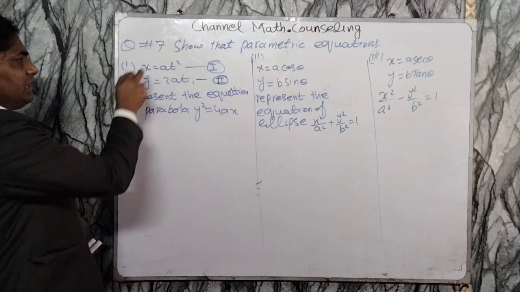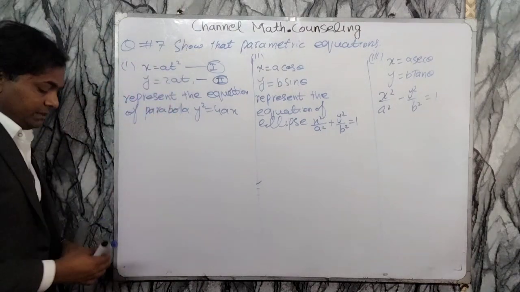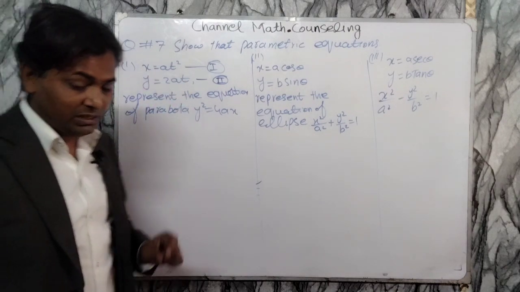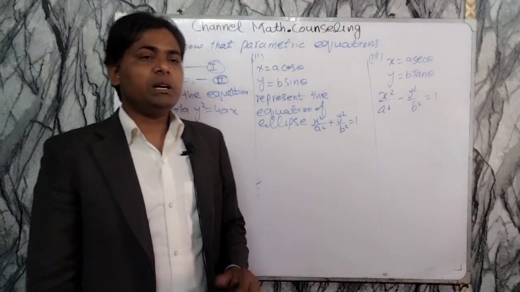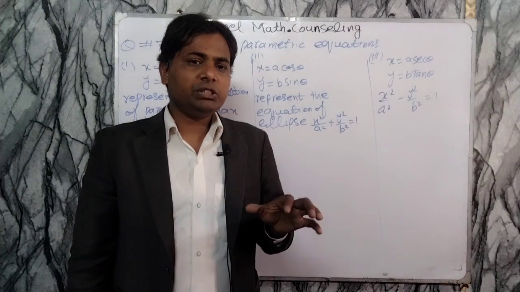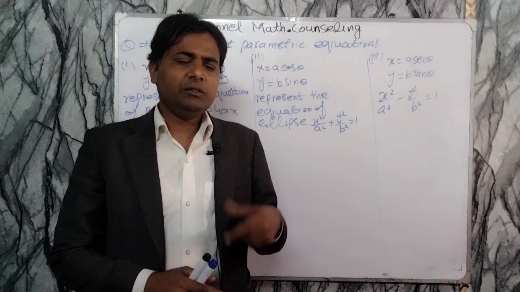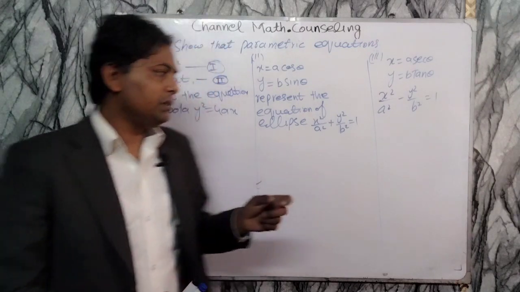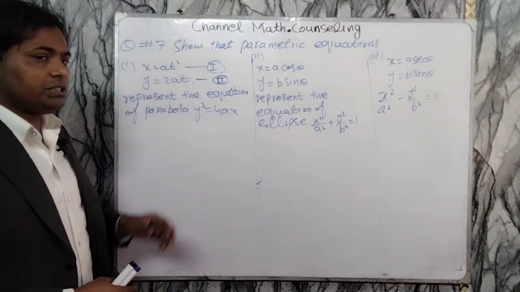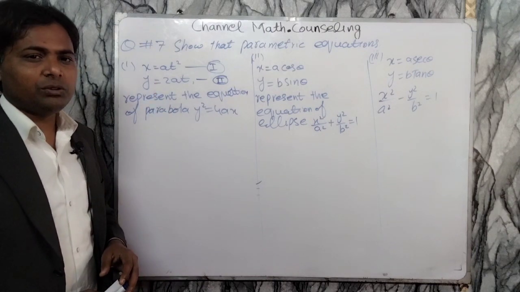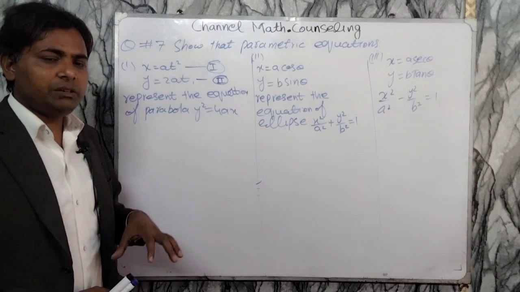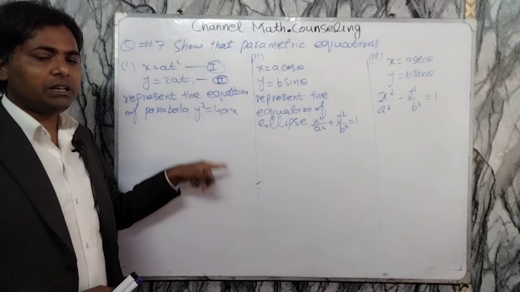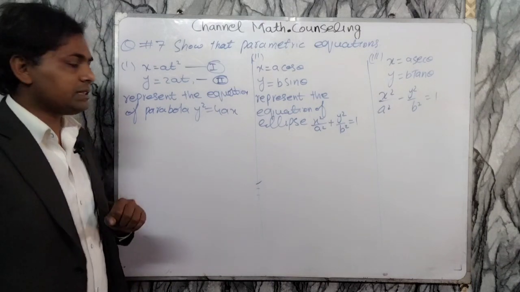Now I have given the names, this one is the first, this one is the second. These two equations are depending on t. One thing to remember: if you want to find your required condition, just eliminate the variable on which the two different variables are depending. For example, here x is depending on t and y is also depending on t. If we eliminate t from these two equations, then we will have the required equation of the parabola y square is equal to 4ax.